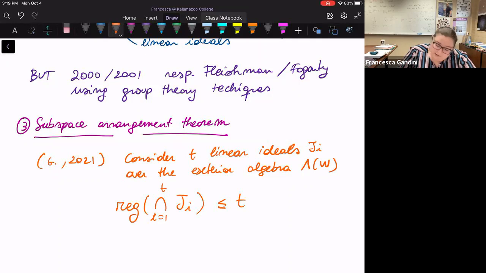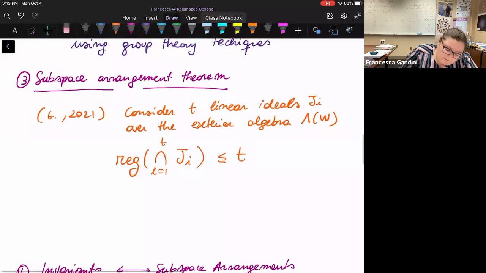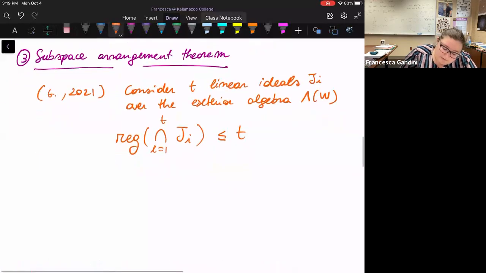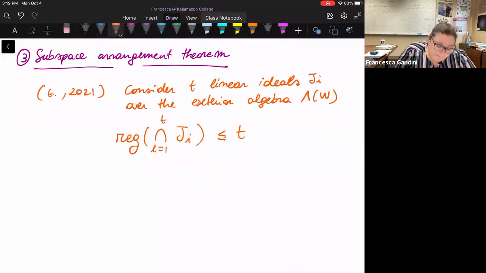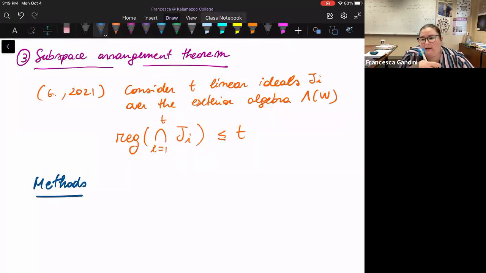And let me check my time. I'm going to say just a few words about the methods. If you heard me speak before, I have given several talks about the methods for this approach. But just for completion, I'm going to tell you a few things here. So the idea here is to connect the result in the symmetric algebra to the result in the exterior algebra via representation theory. And so what we consider is ideal functors.